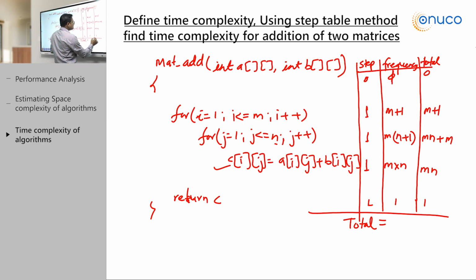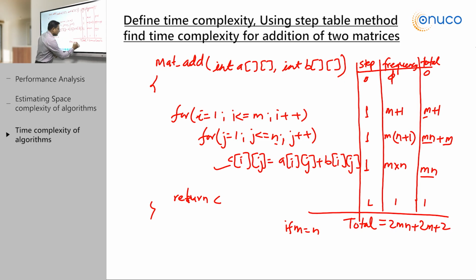So let us see that here it is mn, 2mn, m, it is 2m, and this is the constant value. Now, if I say that m is equal to n, it means what? The order of the matrix is a square matrix, m cross m or n cross n.